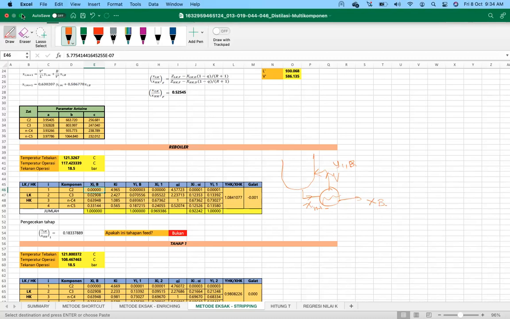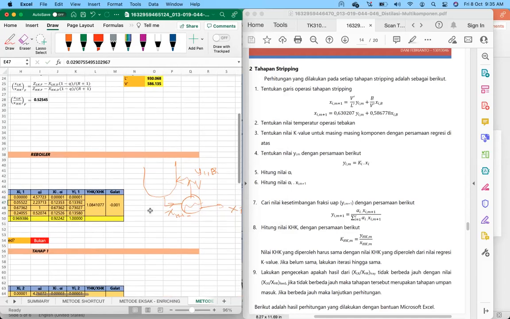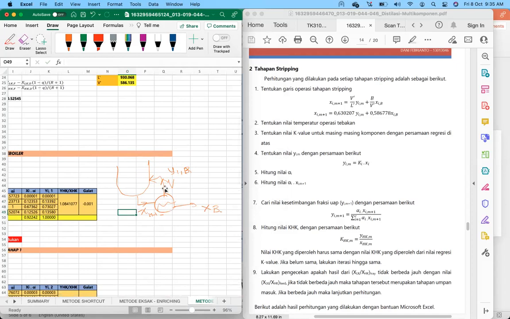So first we want to know, it's going to start with the temperature again, the tebakan, yeah. And once we know the temperature, then we calculate the K value, and we also know xb, because in the reboiler, the y and the x are in equilibrium.